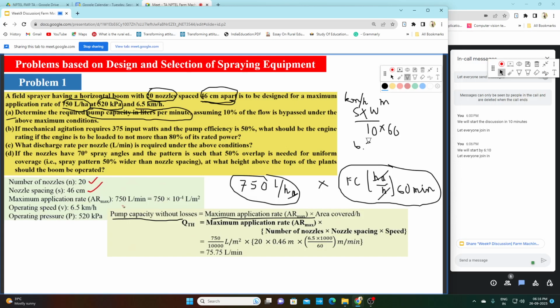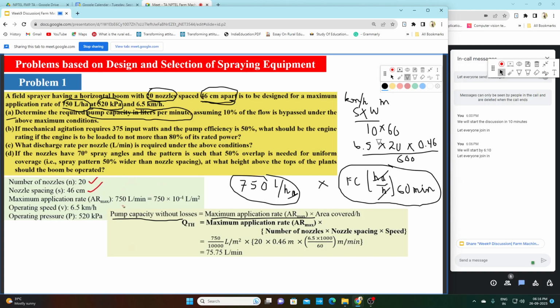Your speed is 6.5, which is fixed. Now width: we have 20 nozzles and each nozzle is 46 centimeter apart, but we want our width in meters, so we multiply by 0.46. 46 centimeter is 0.46 meter, divided by 600, and our application rate was 750.